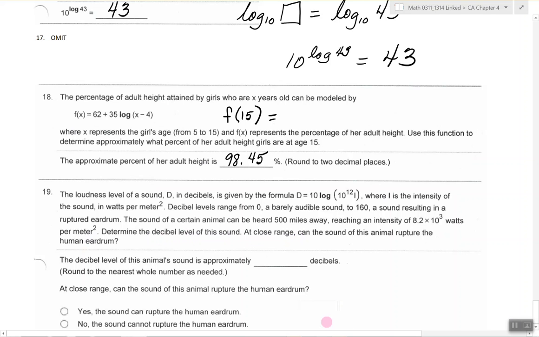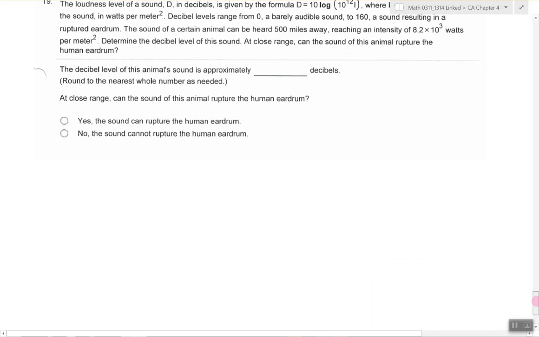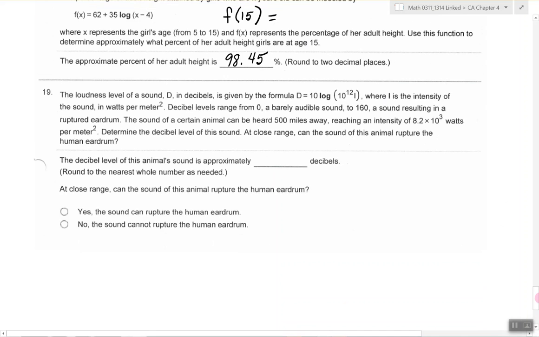We're a little unfamiliar, most probably, with this particular formula, but D is equal to 10 times the common log of 10 to the 12th times whatever the intensity is.